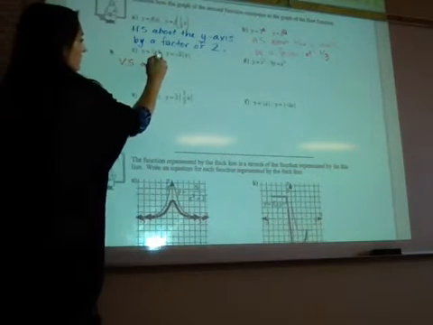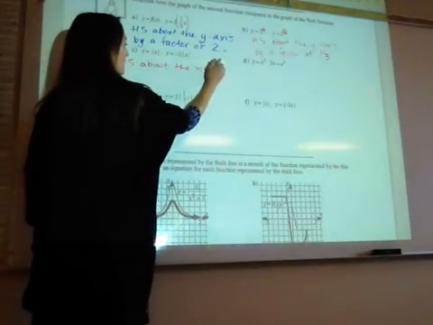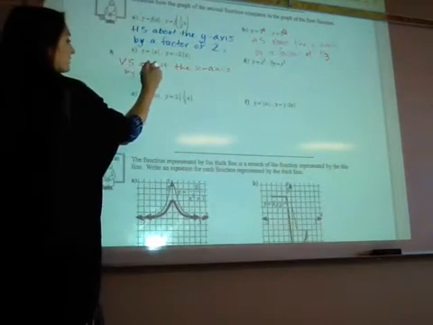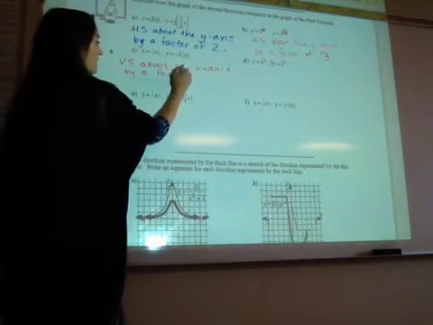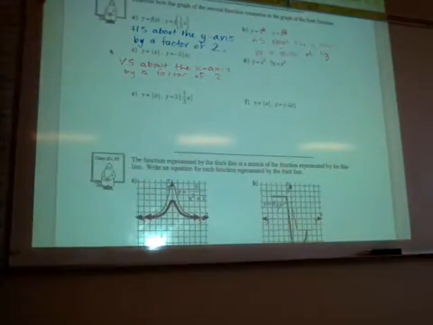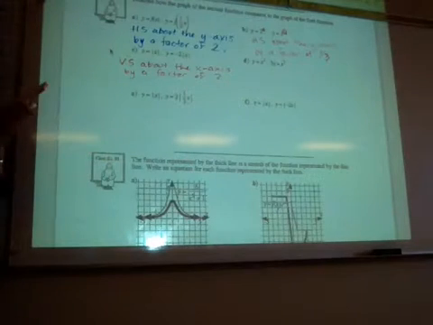Okay, and vertical stretches occur about the x-axis. And it's by a factor of 2. Vertical stretches, as long as the number's on the right-hand side of the equation, you take the actual number.